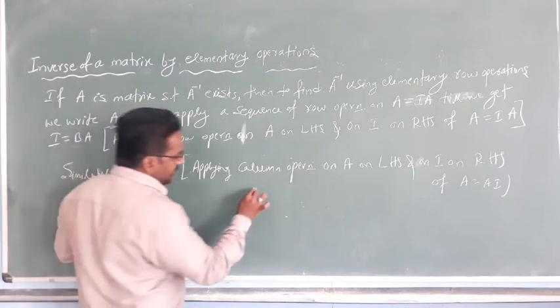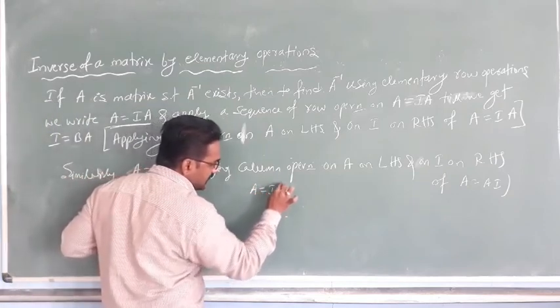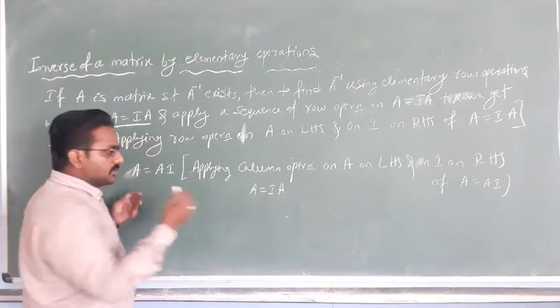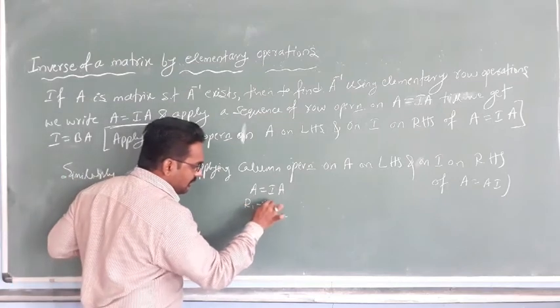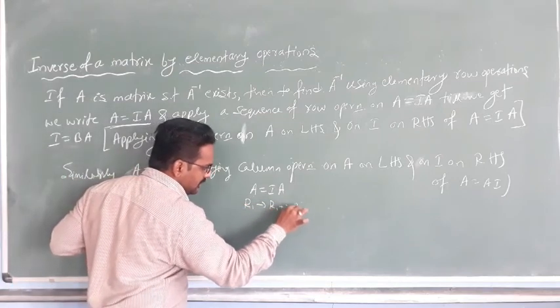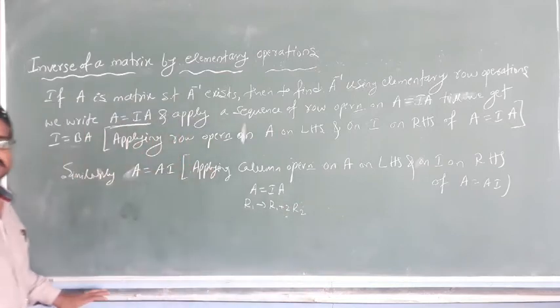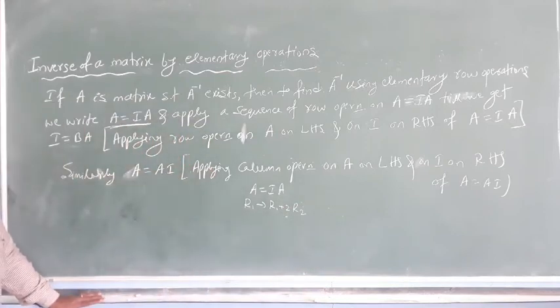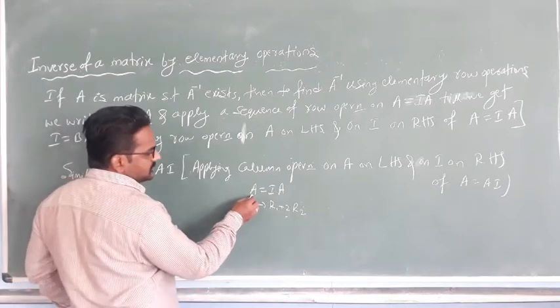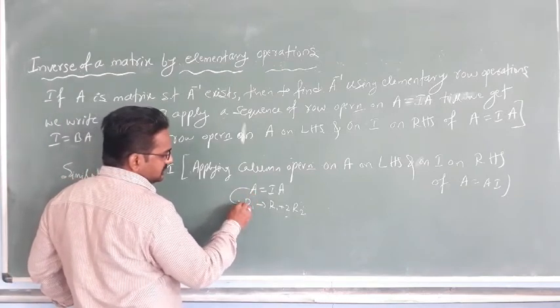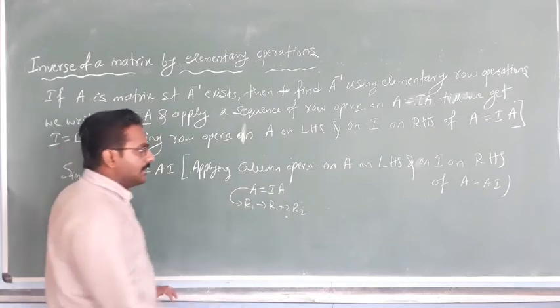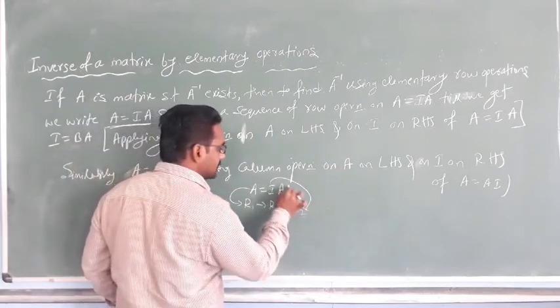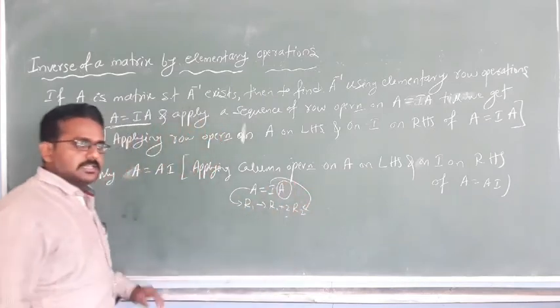This means if I write A equals IA and apply a row operation, say R1 plus 2R2, you have to apply it on the LHS matrix A and on the I on the RHS, not for the A on the RHS.